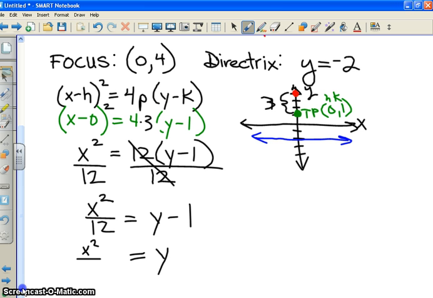So my equation is going to be y equals x squared over 12 plus 1. So my parabola will look something like this on my graph over here, so that every single point along that parabola, like this one right here, is the same distance away from the focus and the directrix.